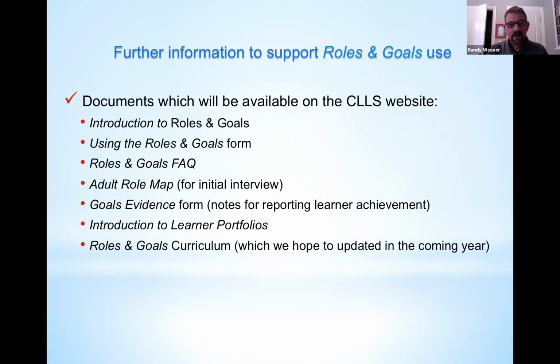And an ongoing and possibly more long-term goal is to update the roles and goals curriculum. We'll do the best we can to get through this. We're also going to be asking for your help. So if any of you want to help recreate some of that curriculum, we'd certainly be happy to have your assistance.